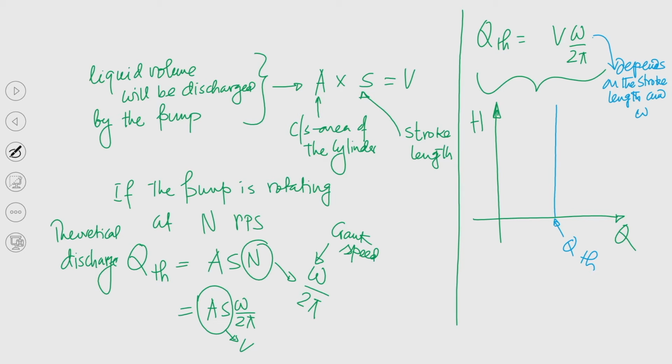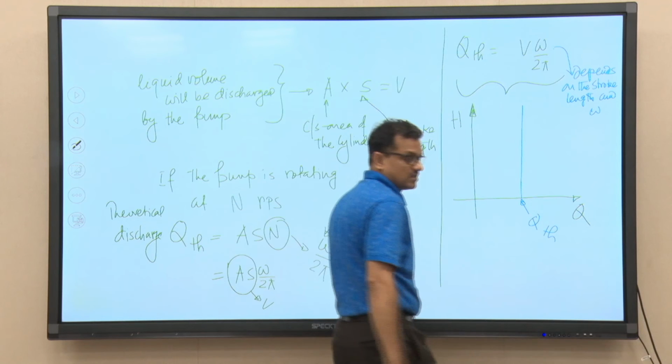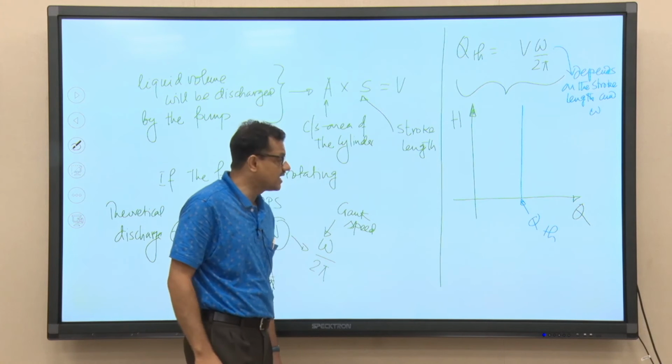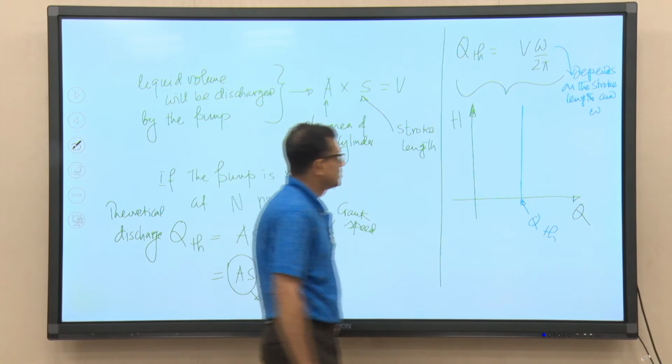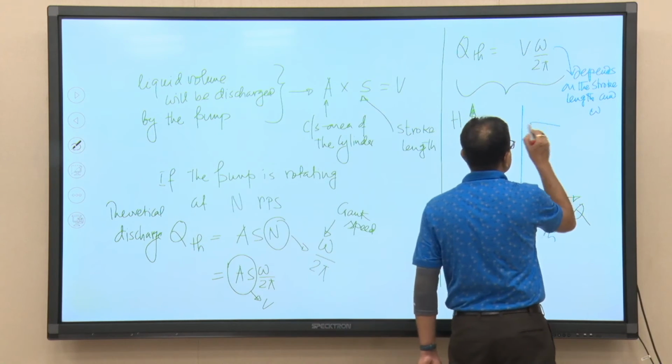Someone may go for another Q by changing the omega and stroke length. But this is basically a vertical line parallel to H, that is very important. So, this is the H-Q curve, but again, this is the theoretical curve, not actual.